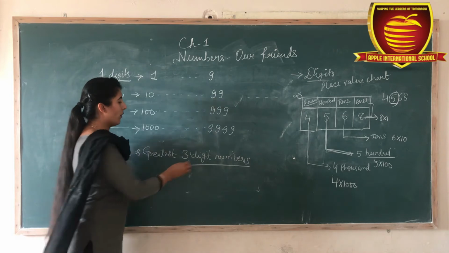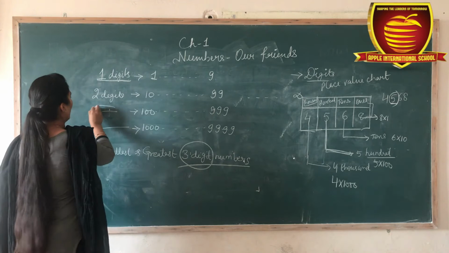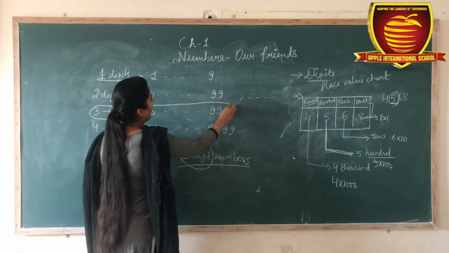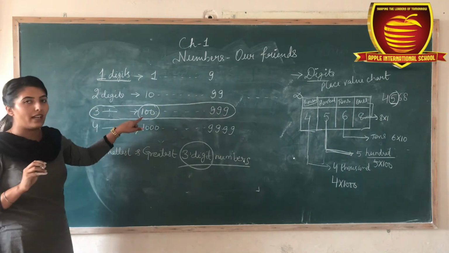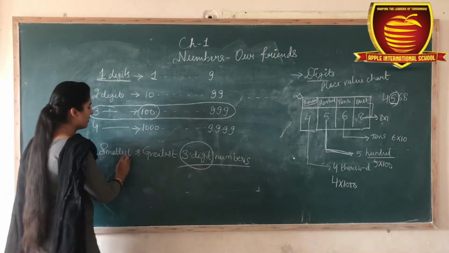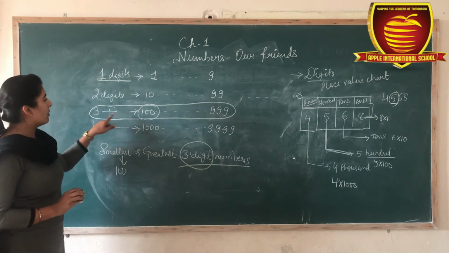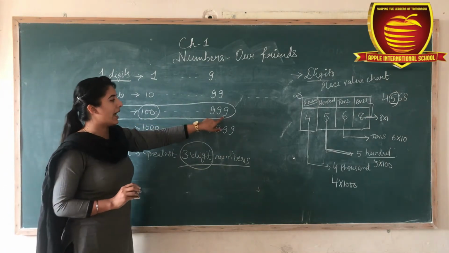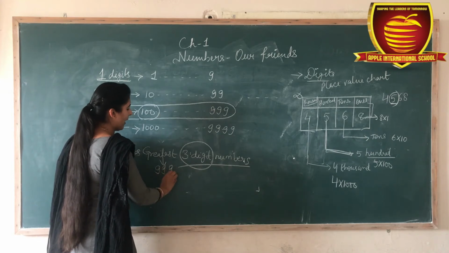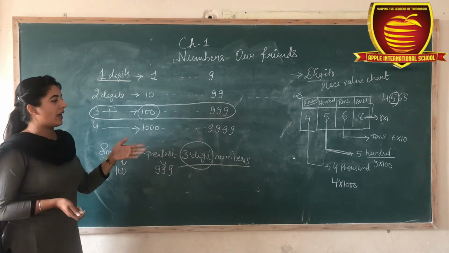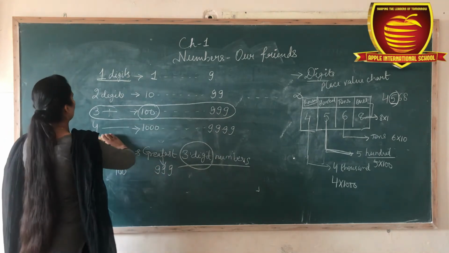Three-digit numbers start from 100, so that is the smallest three-digit number. The greatest three-digit number is 999. In this way, we can find many greatest and smallest digit numbers.